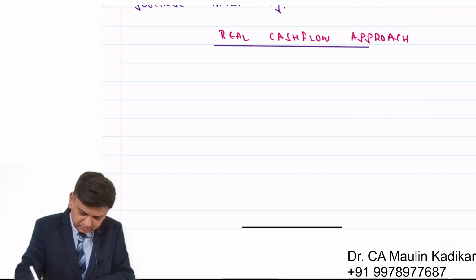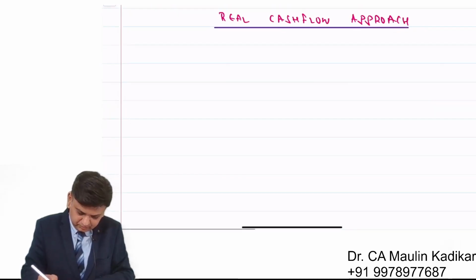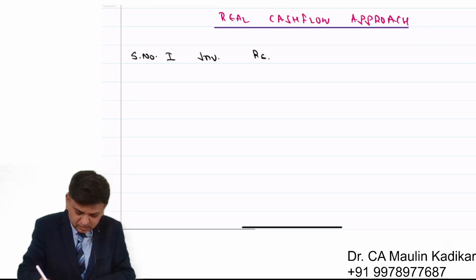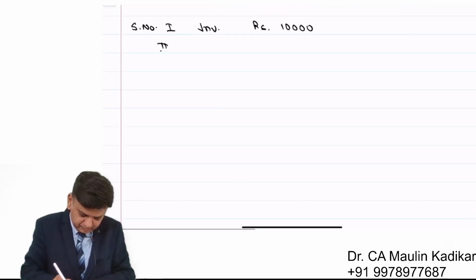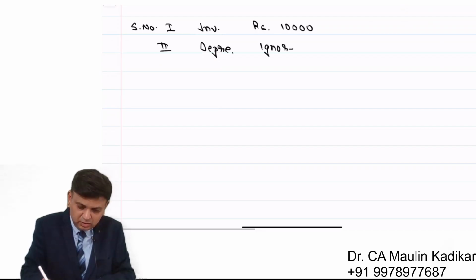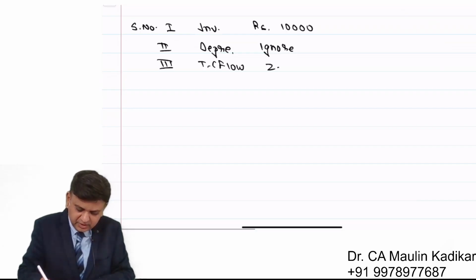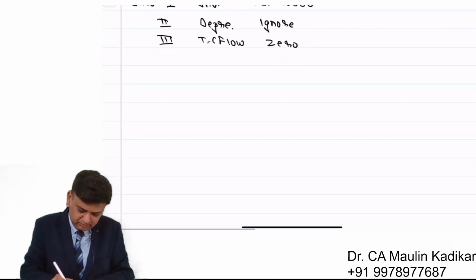In that, write down step number 1, investment, rupees 10,000. Step number 2, depreciation, ignore. Step number 3, terminal cash flow 0.